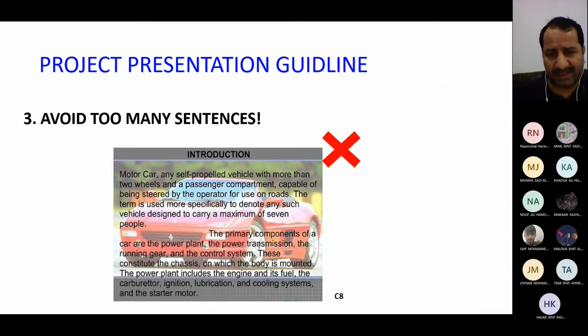Avoid too many sentences, not only in slides when you present your work, but also in the thesis. In the thesis, as an example, sometimes my students want to put a brief history for solar energy.